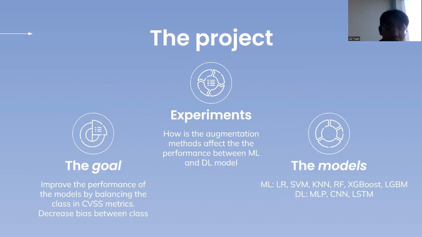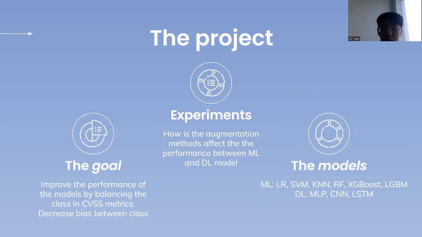The goal of this project is to improve the performance of models by balancing the classes in multiple CVSS metrics to reduce the bias and improve the robustness of the models. We are also doing experiments with multiple data augmentation techniques and comparing them between machine learning and deep learning models.